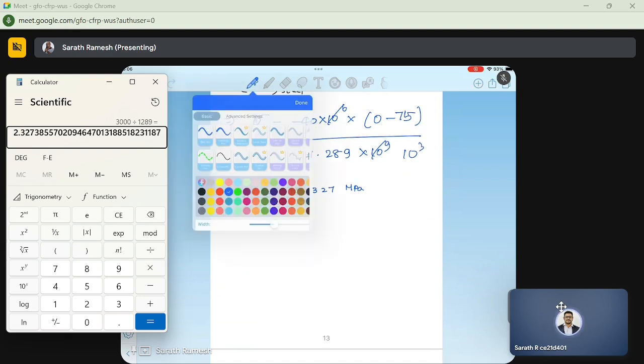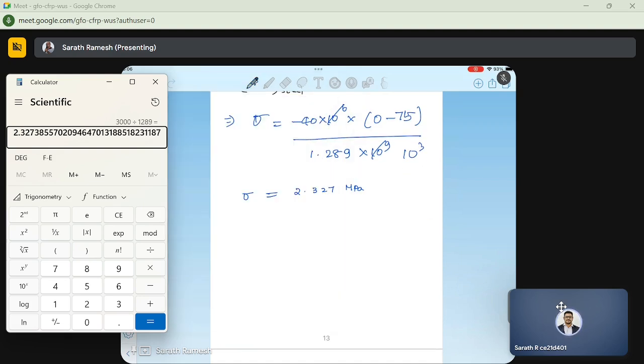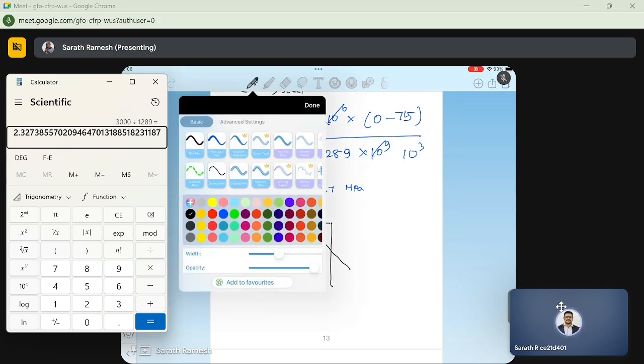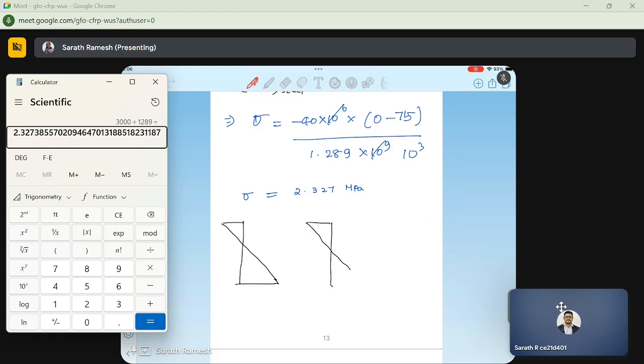The strain profile is linear irrespective of both the materials, whereas the stress profile will be like this for material 1, and in the case of material 2 it will be like this.